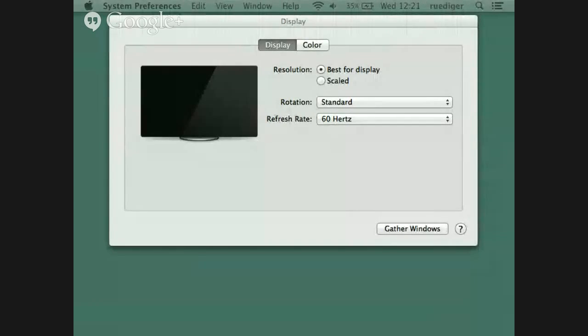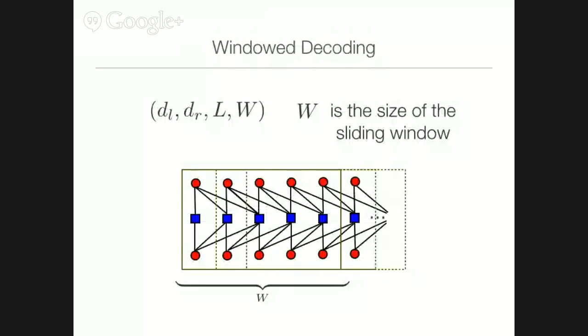Oh, window decoding, yes. Okay, sorry. The slide shows performance of window lengths. Right. How to select the window lengths?